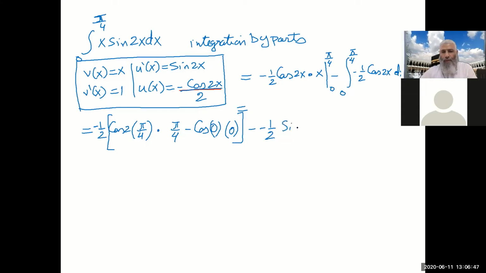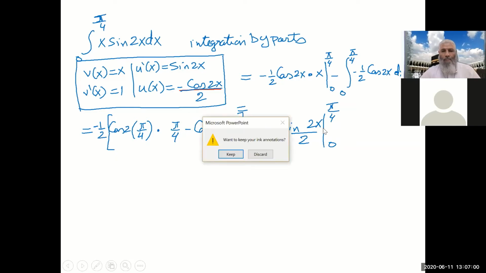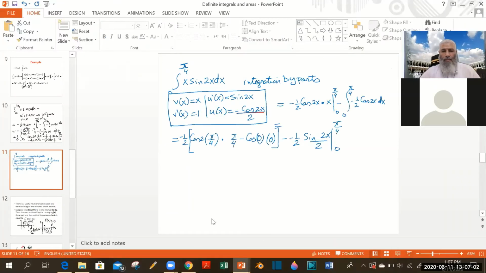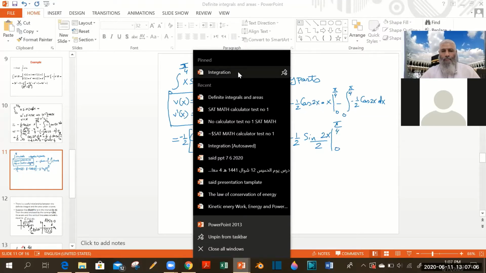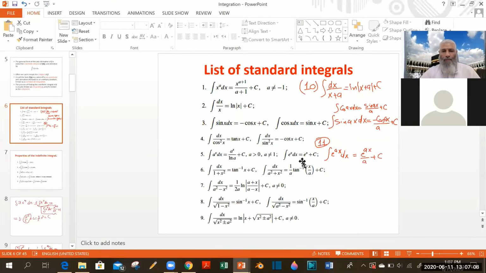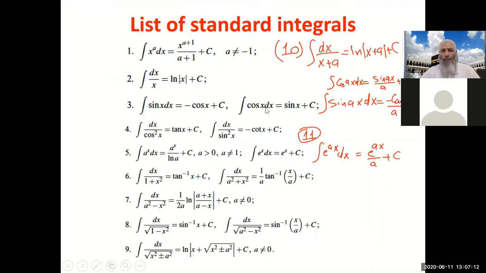It is sine 2x divided by 2, from 0 to pi over 4. Here is the rule: the integration of cosine x is sine x.